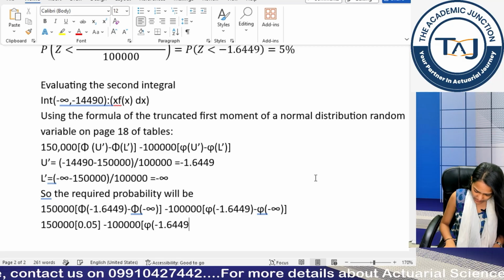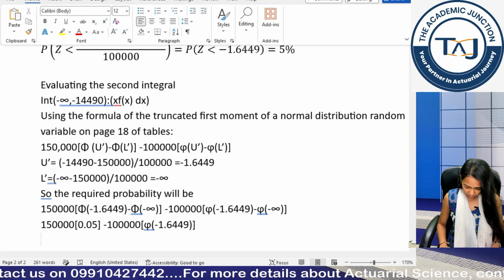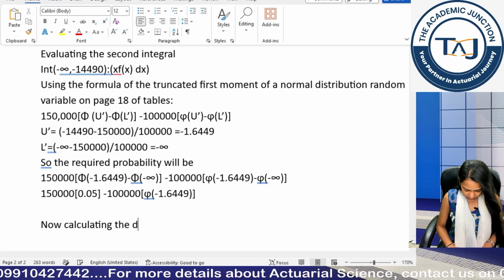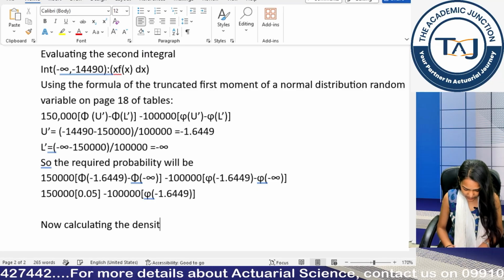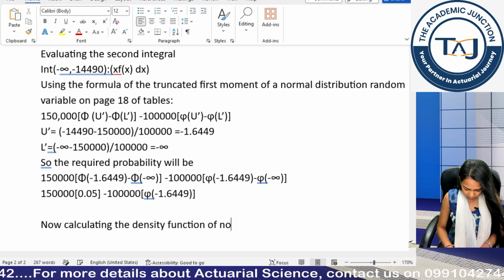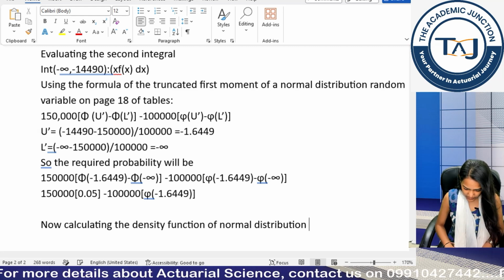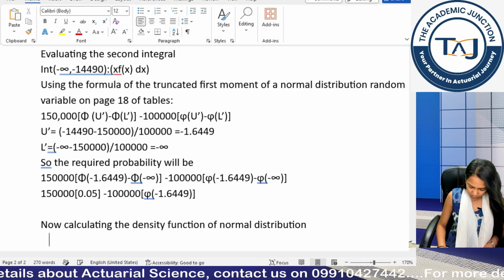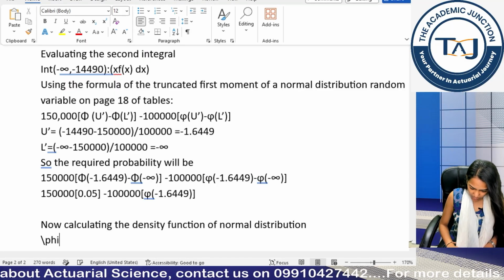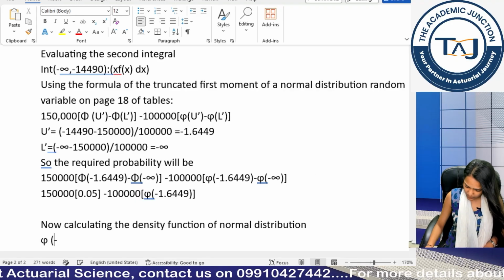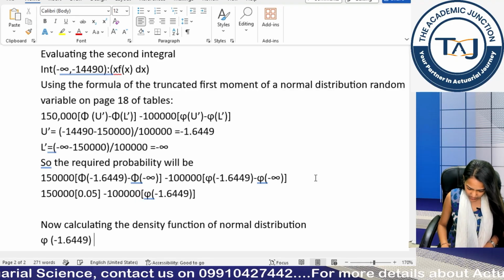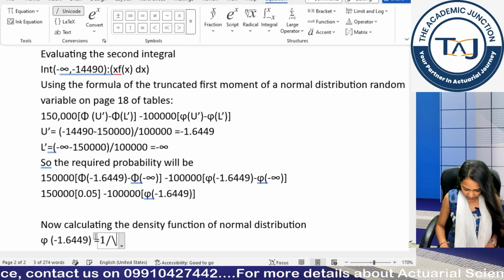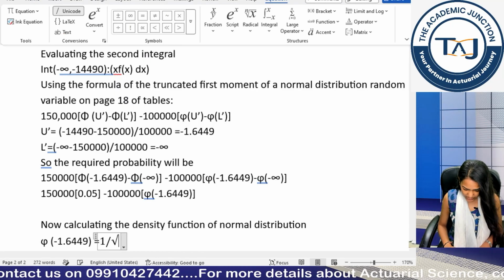So I can write it as simply this. So what I need to calculate is the PDF, now calculating the density function of the normal distribution. So small phi of minus 1.6449 is equal to 1 by square root of 2 pi.